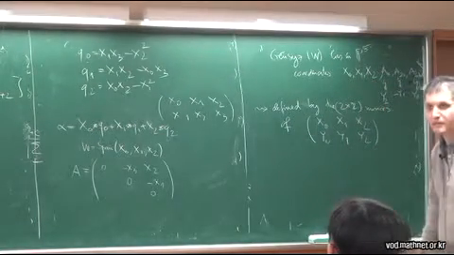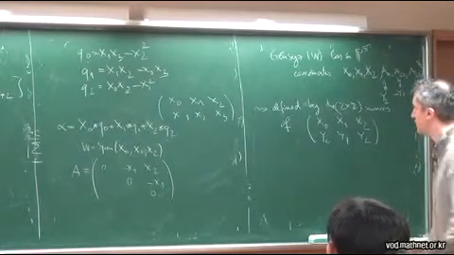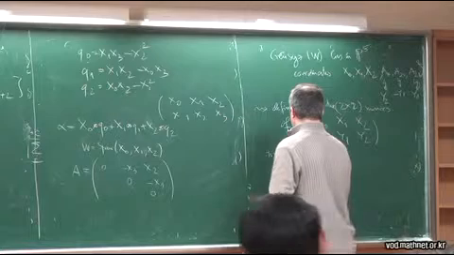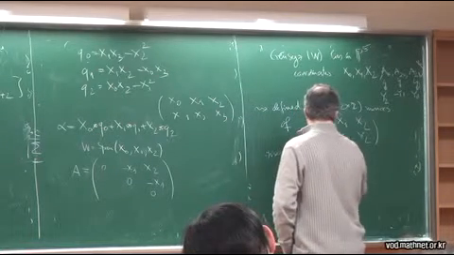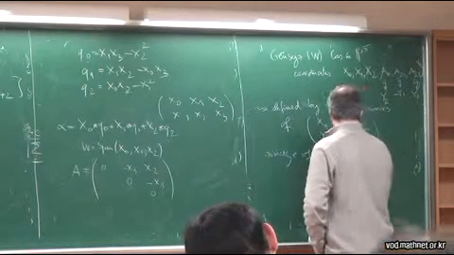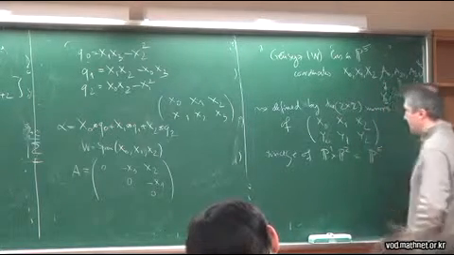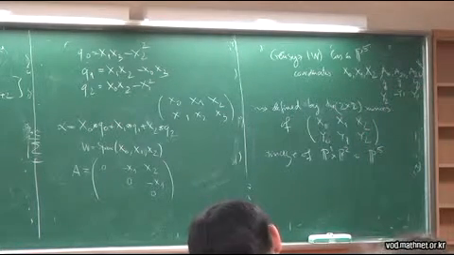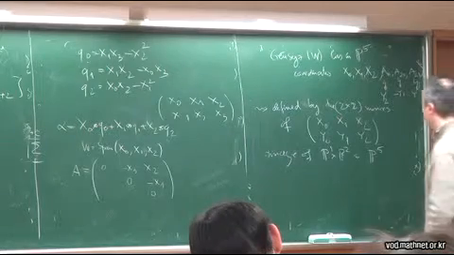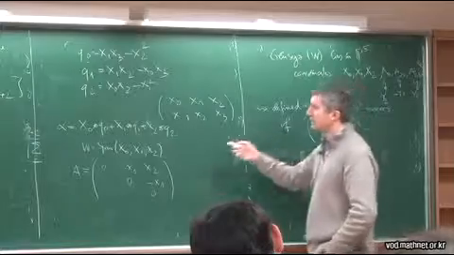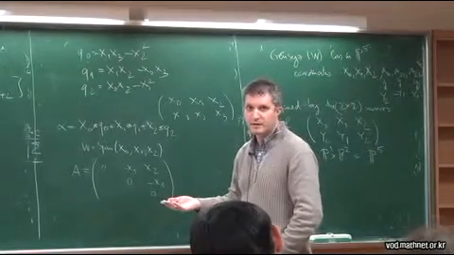This is the image of the Segre map, P1 times P2 in P5. So the generic Syzygy scheme is a Segre variety, and the Syzygy scheme is the twisted cubic.